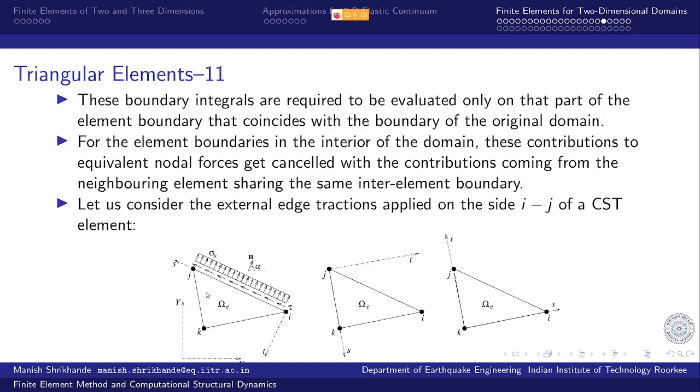And then we can evaluate this one-dimensional integral in terms of s, with s ranging from 0 to the length of the edge. So that is the final result, and you can simply use that result after resolving the components of the traction in tangential and normal direction, and then evaluate the result appropriately.